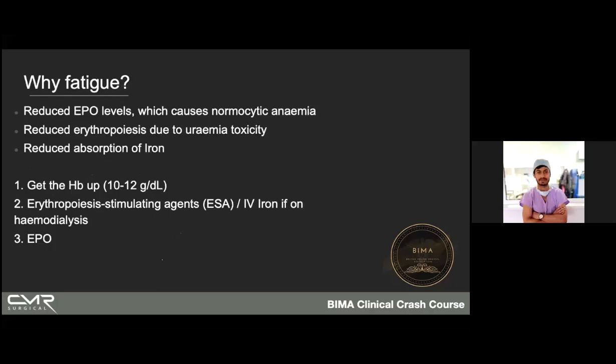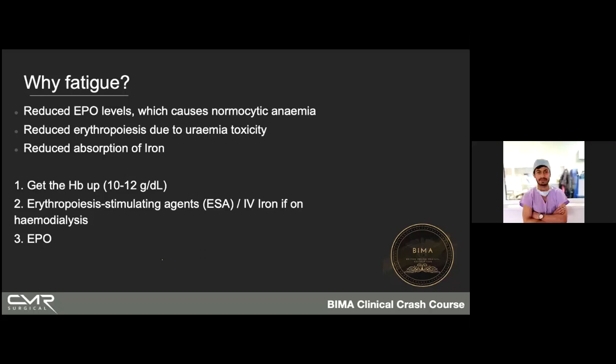Why the fatigue? So as you guys very correctly mentioned, it's due to the anemia of chronic disease. So the anemia will cause reduced EPO levels, and the reduced EPO levels are the most significant factor in the fatigue symptom. And you can also have reduced erythropoiesis due to the uremia toxicity.